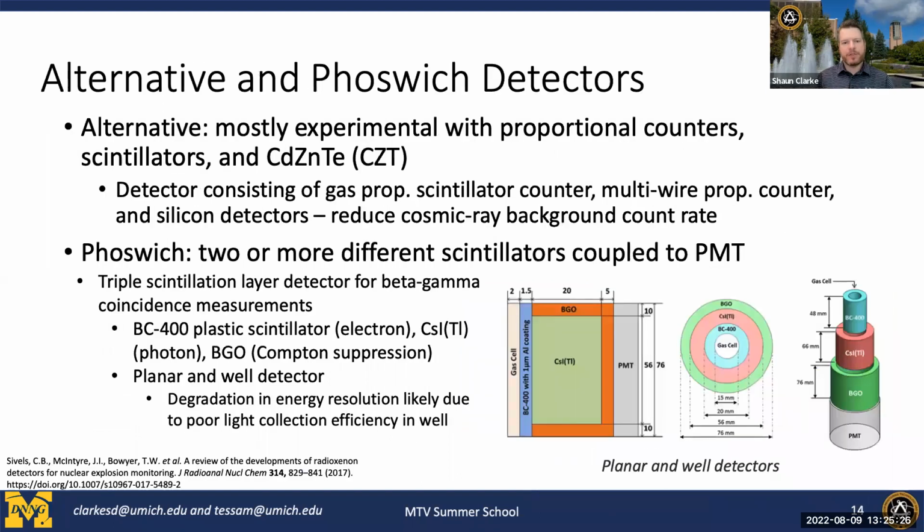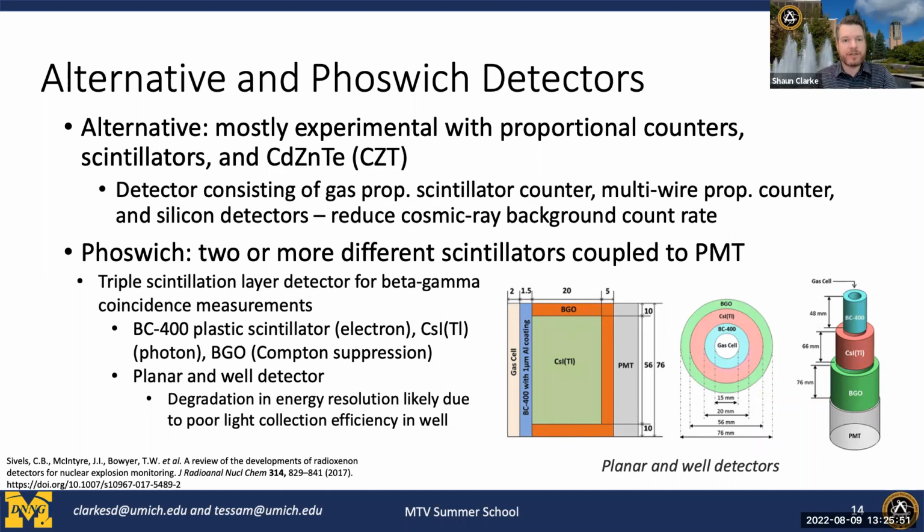Lastly, and probably the most experimental of these detectors, are things called phoswich detectors, or even CZT. So CZT, or cadmium zinc telluride, is a semiconductor detector that operates at room temperature. So it has excellent gamma ray spectroscopy capabilities, almost as good as high-purity germanium in the sense of energy resolution, but it operates at room temperature.